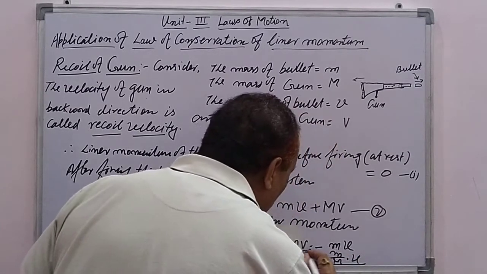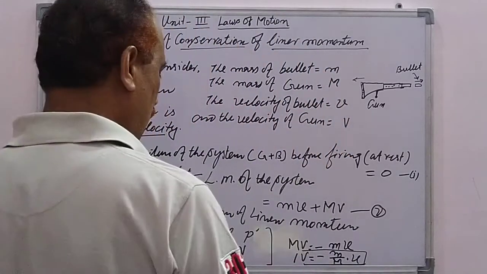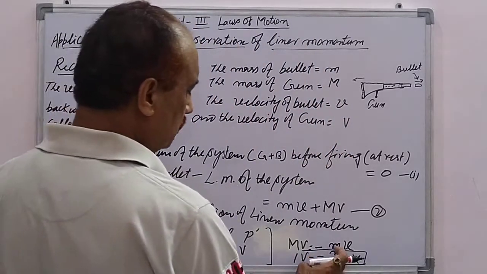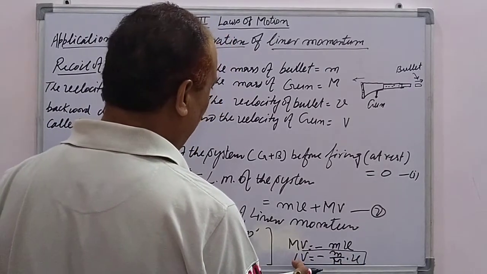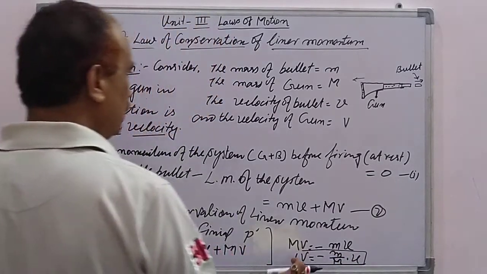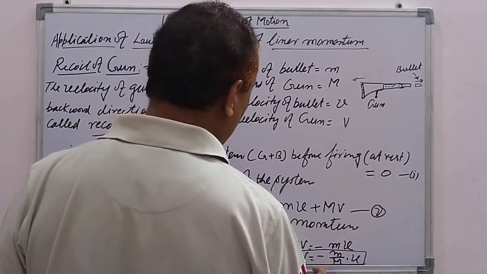This is the formula for the recoil velocity, and the recoil velocity of the gun can be found by using it.